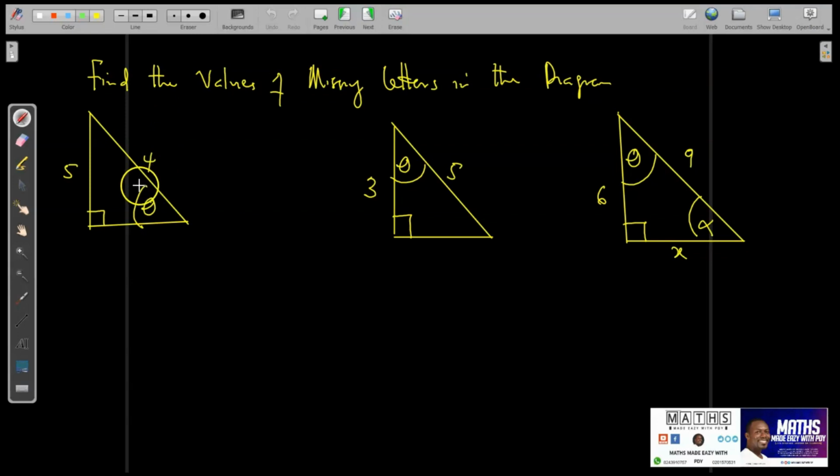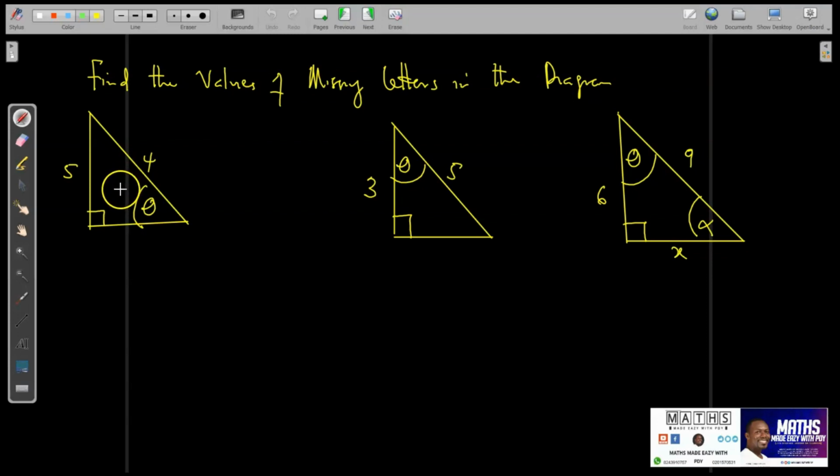So, I used the adjacent over hypotenuse. You use the adjacent over the hypotenuse for this question. Yes. All right. Why did you use adjacent over the hypotenuse?